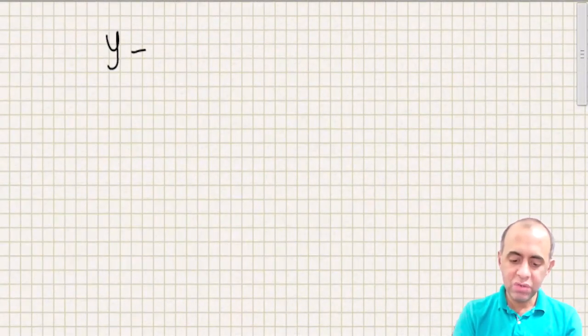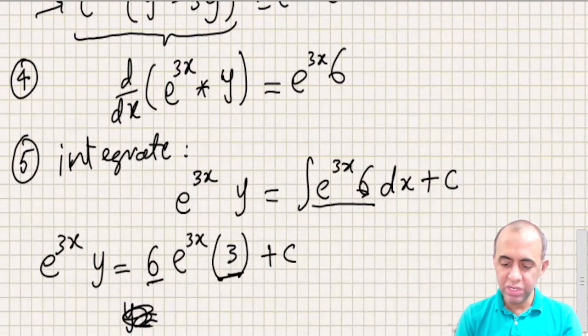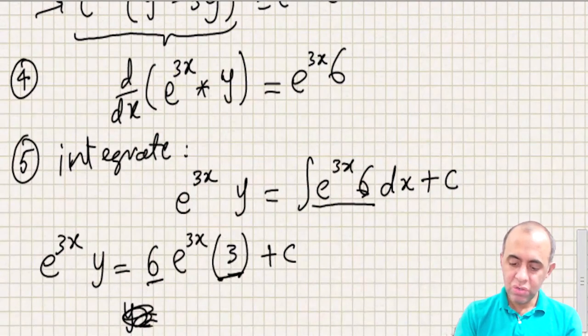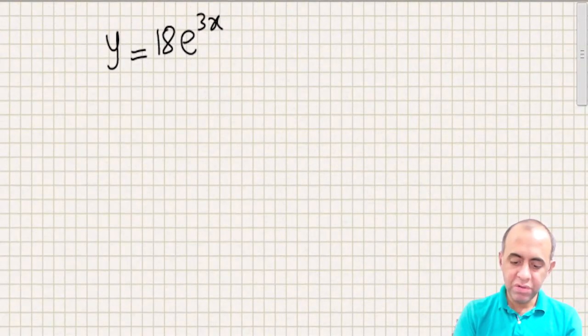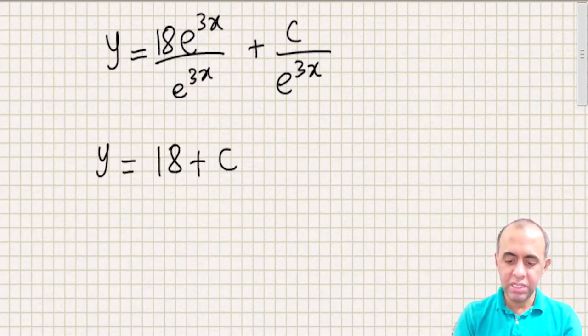So y is equal to e to the power 3x, 3, and basically 6 and 3 are being multiplied, so we get 18. So 18 e to the power 3x divided by e to the power 3x plus c divided by e to the power 3x. So we get 18 plus c e to the power minus 3x.